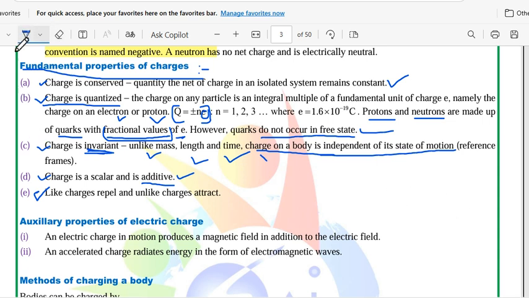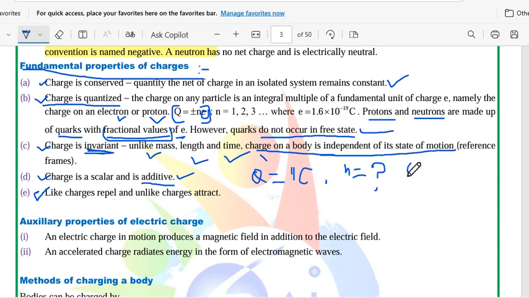Suppose I have Q is equal to 1 coulomb. Let us consider Q is equal to 1 coulomb. How do you calculate the number of charges then? N is equal to how much? N denotes the number of charges. Then how do you calculate it?